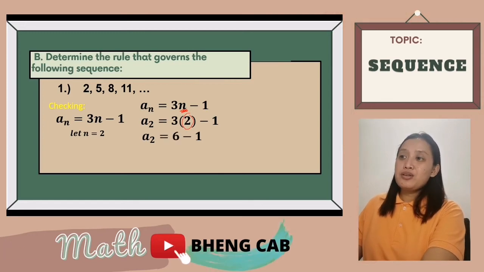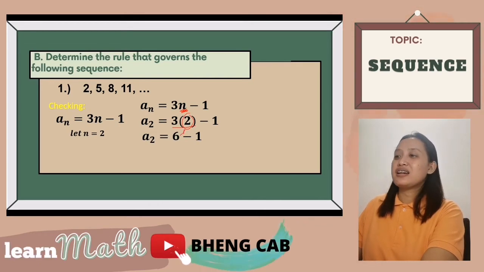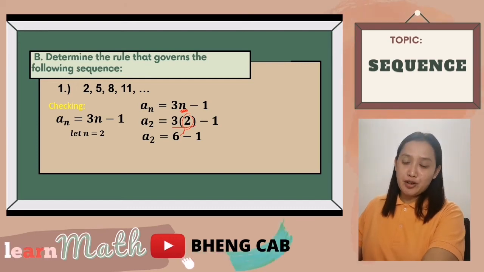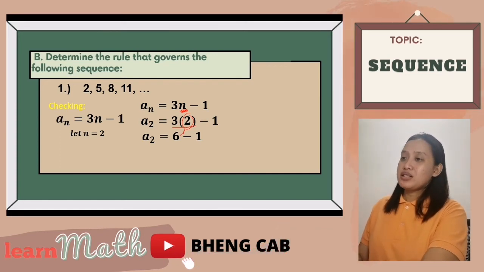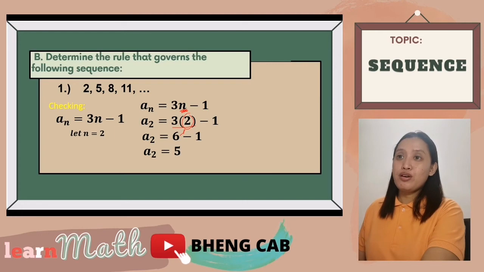A sub 2 equals to 3 times 2 is equal to 6. Yung minus 1 dito, copy na lang natin kasi wala naman tayong kailangan i-perform sa kanya. Nakasimplify na siya. So, a sub 2 is equal to 6 minus 1 equals to 5.